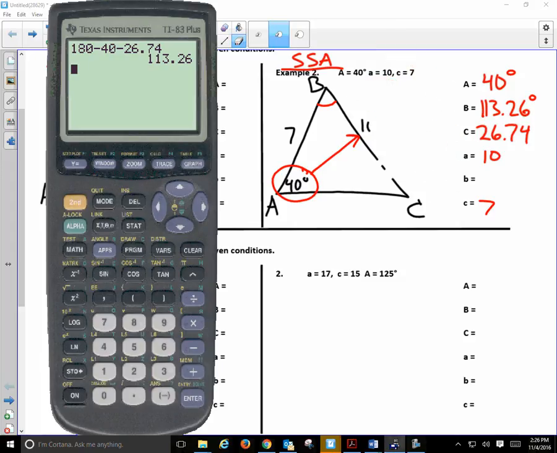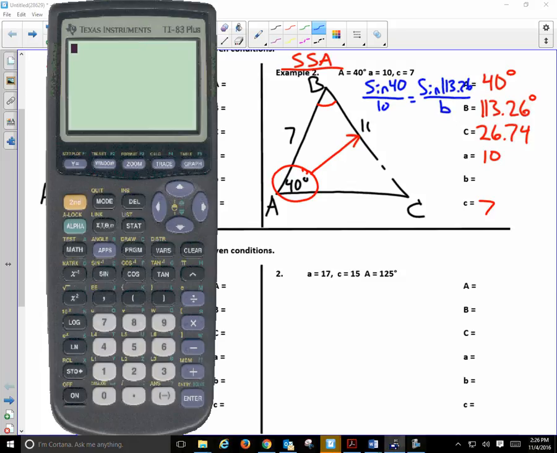That will give me the value of B. I take sine of 40 over 10 is equal to sine of 113.26 over B. I get 14.29.